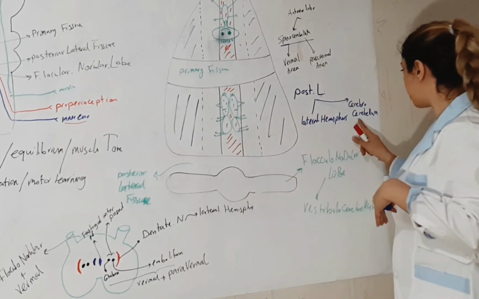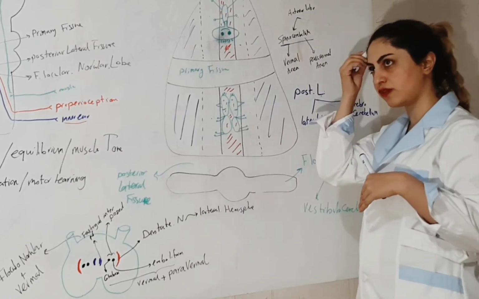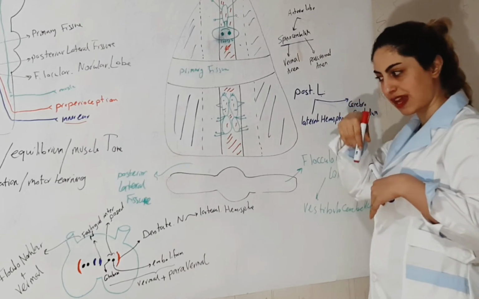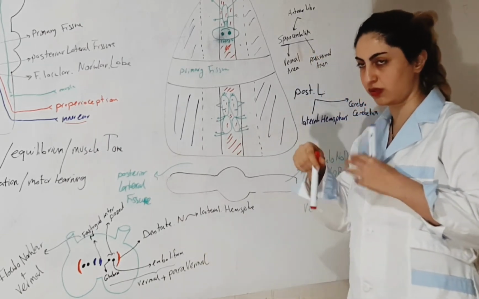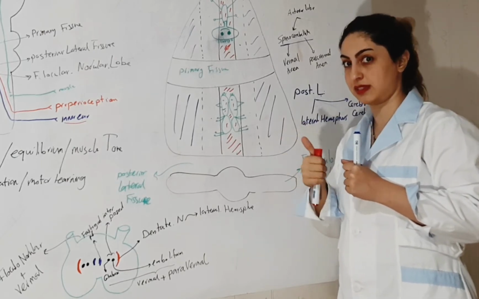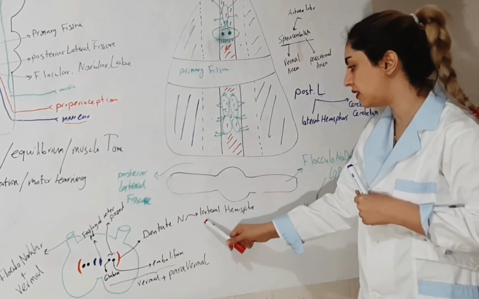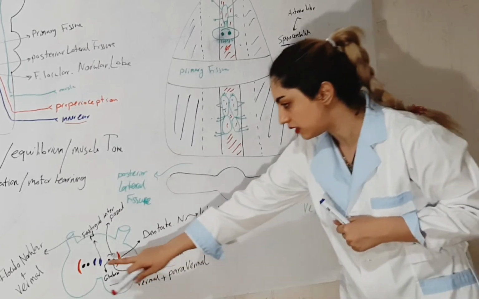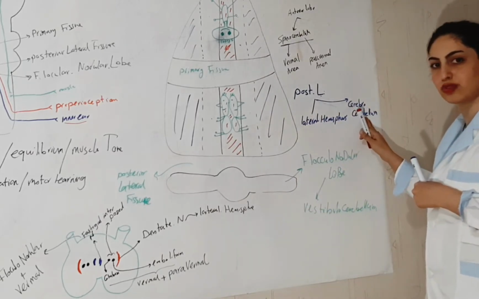They receive information from the cerebellum, which means from the motor cortex down. So the nucleus responsible for coordination, which then sends its opinion upward to the sensory cortex, is the dentate nucleus, and it is located laterally, in the lateral hemisphere of the cerebellum.